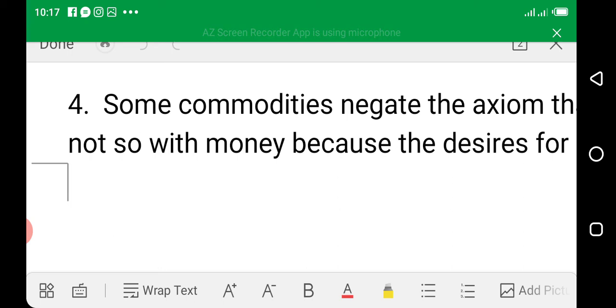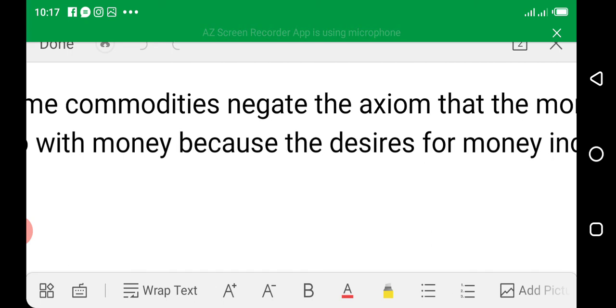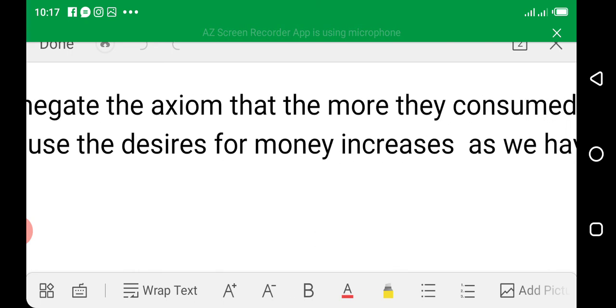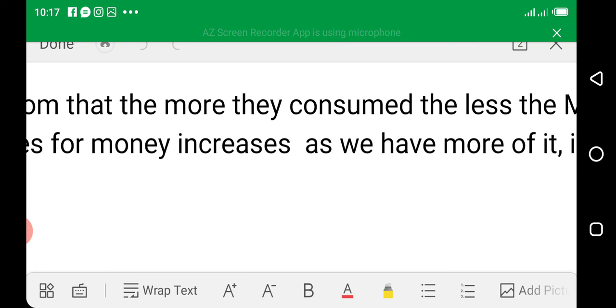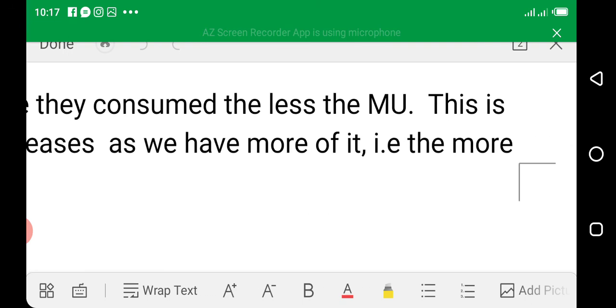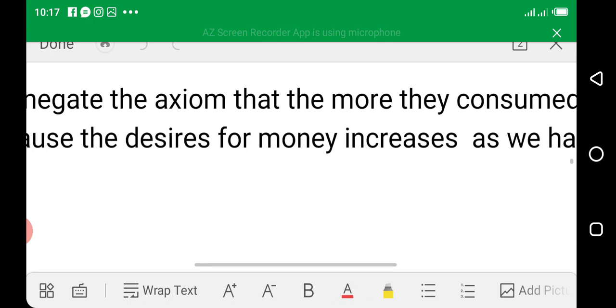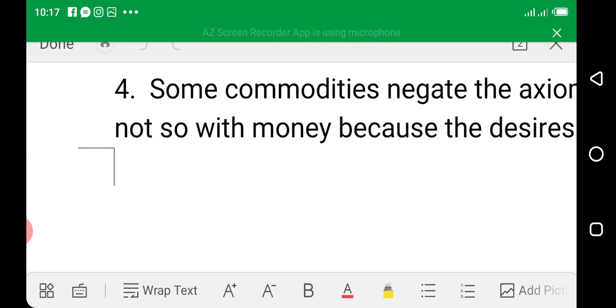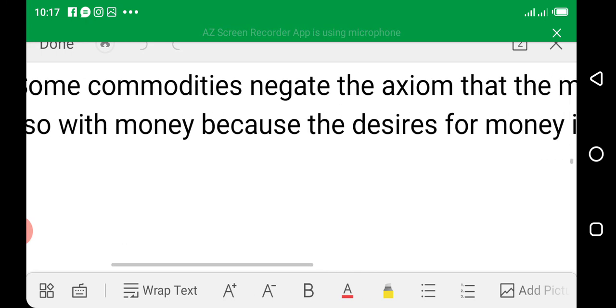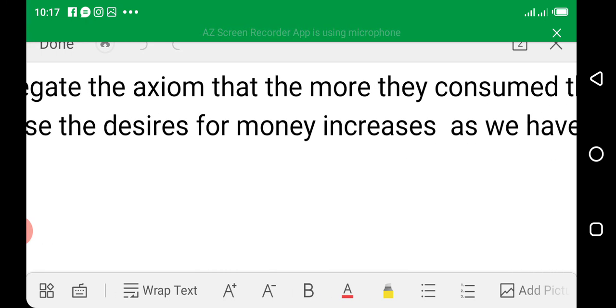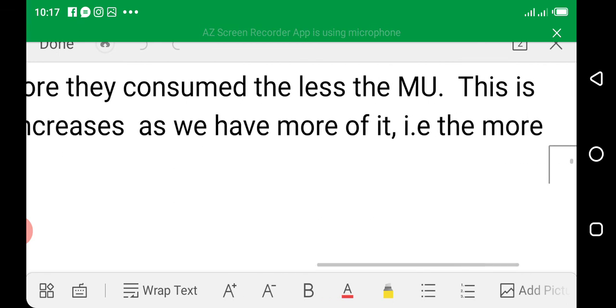Then the last one is that some commodities negate the axiom that the more they are consumed, the less the marginal utility. This is not so with money, because the desire for money increases as we have more of it.